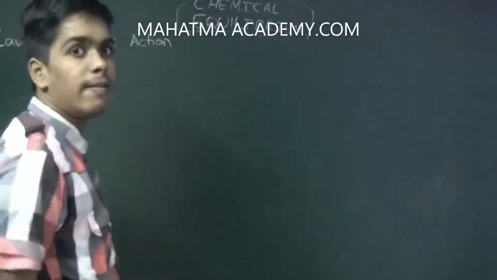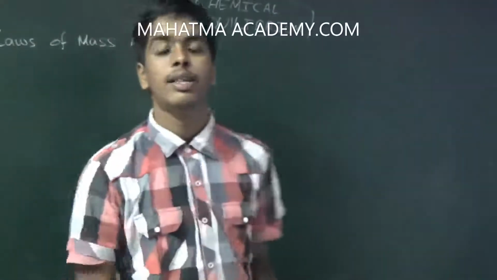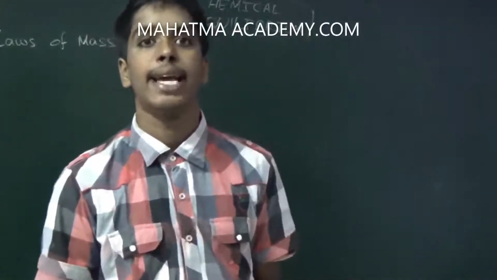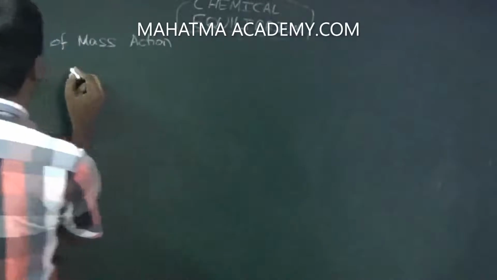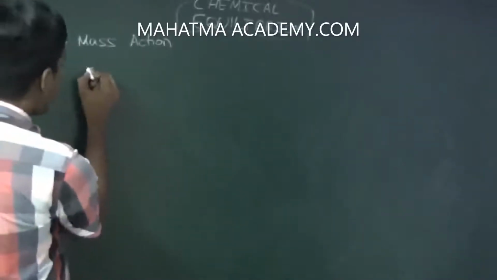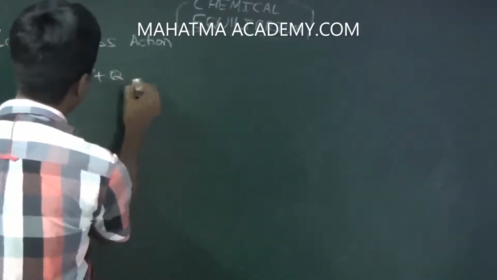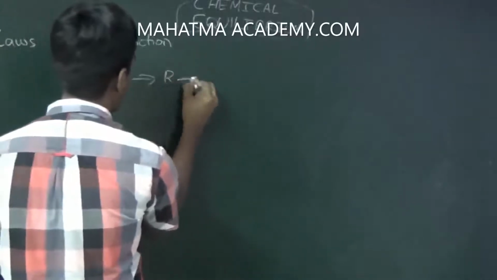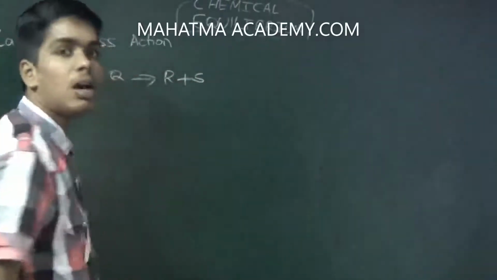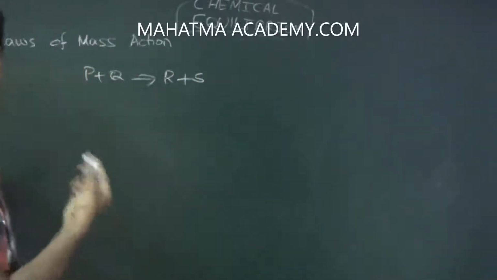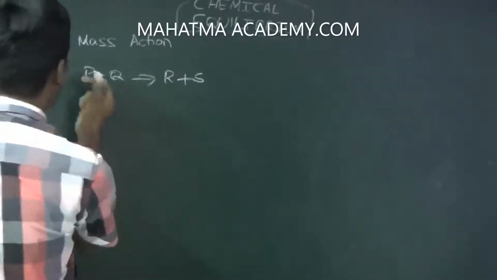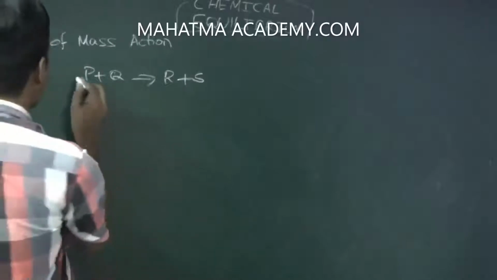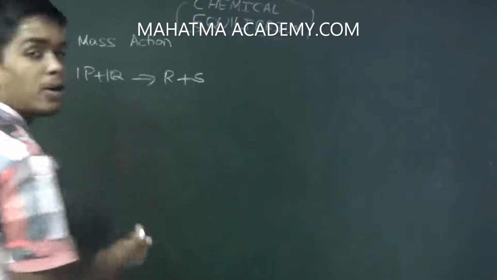Now we are going to discuss this statement by using an example. P plus Q gives rise to R plus S. Now they have stoichiometric coefficients of 1 because they don't have any value.